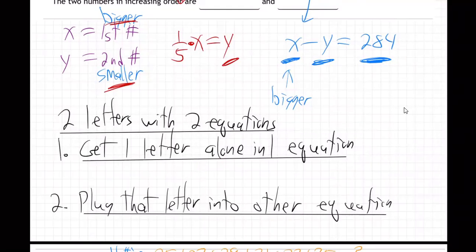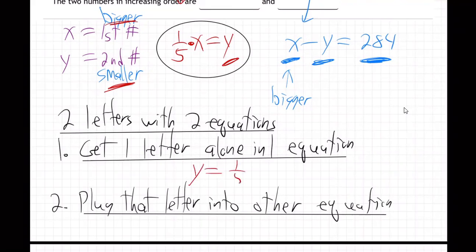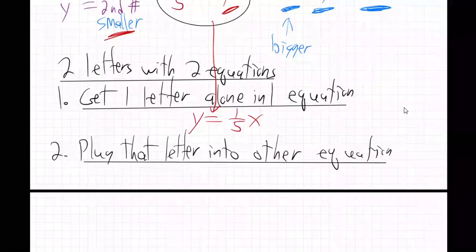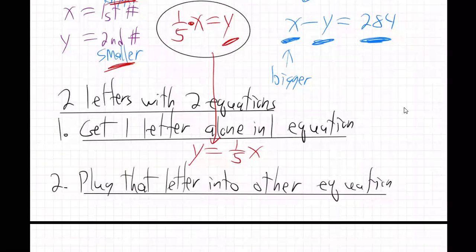Do you notice that we already have one letter alone in one equation right there? Y is already alone. We already have y equals 1/5 x. I just switched sides, but it doesn't matter. Same thing, right? That's nice. So let's plug that in to the other equation.